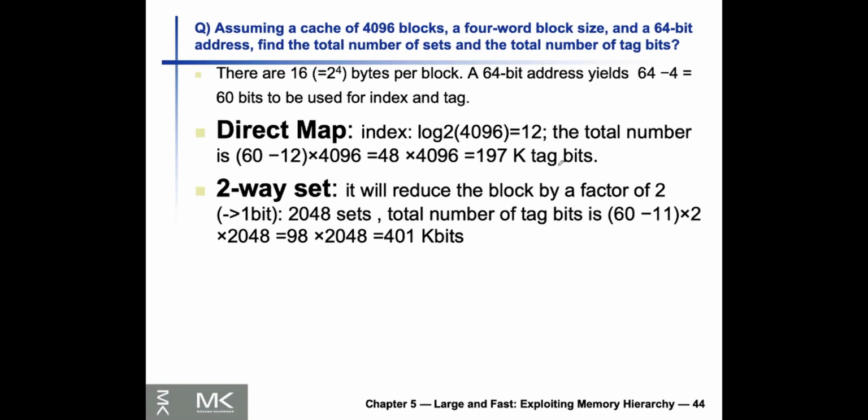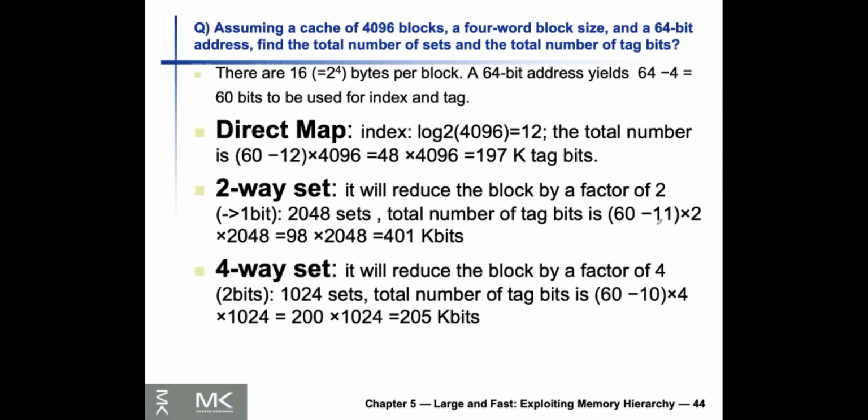But for two-way, you need another bit taken because you want to address the number of sets per block. So instead of 4096, it will be 2048, right? In order to address those, you need to take another bit out of that 12, so effectively 11 remains. For 4-way, you need to address 4, again with binary, 00, 01, 10, 11, so 2 bits are needed to address those 4-way sets.